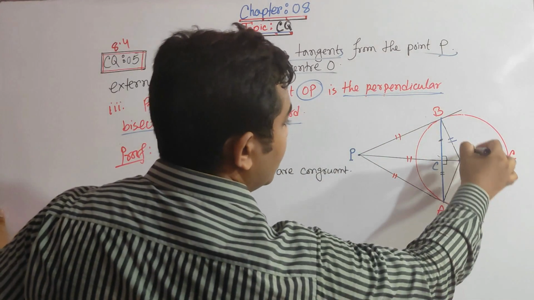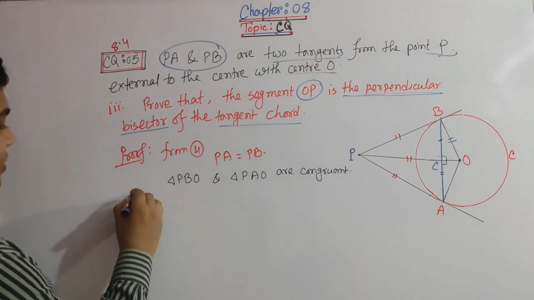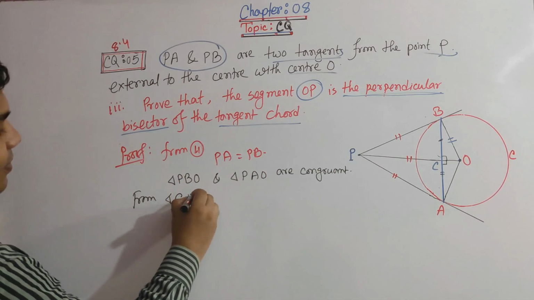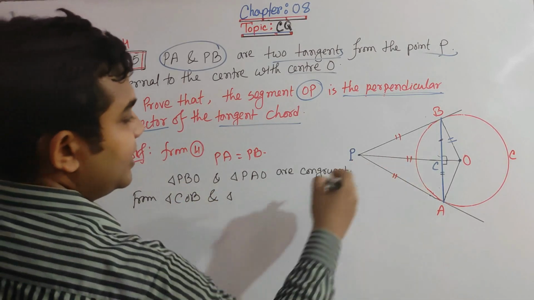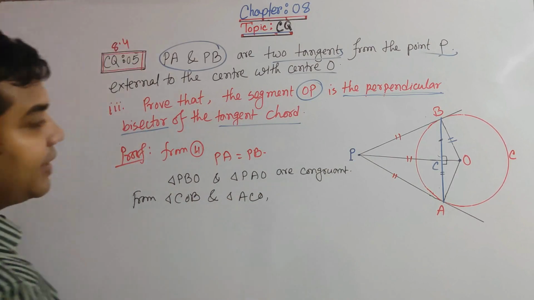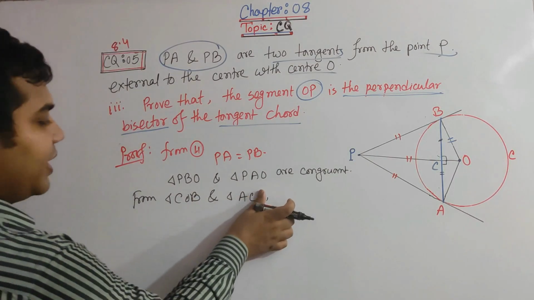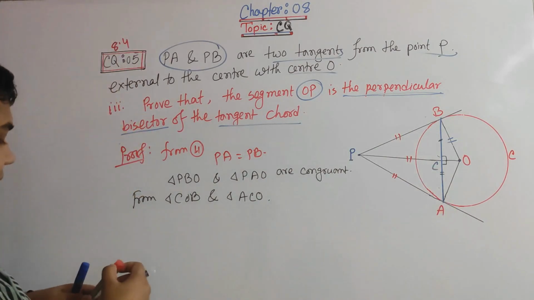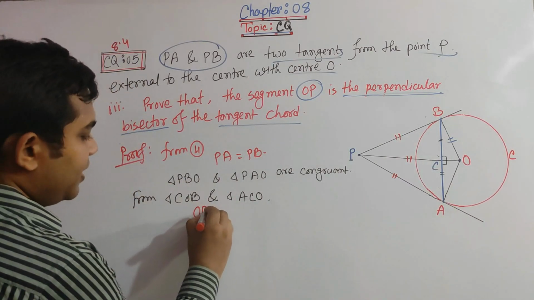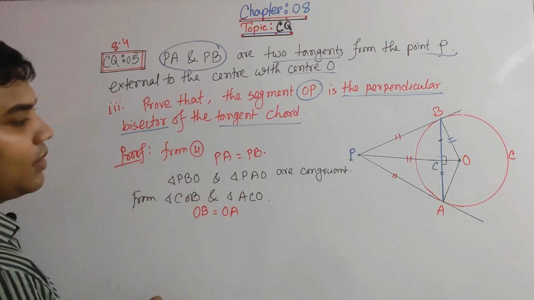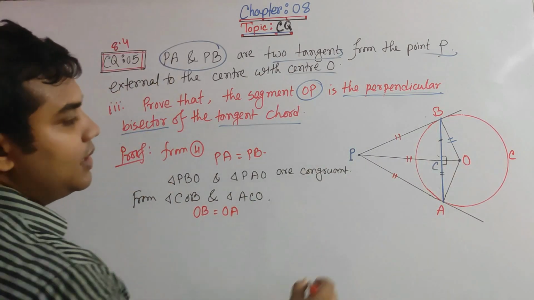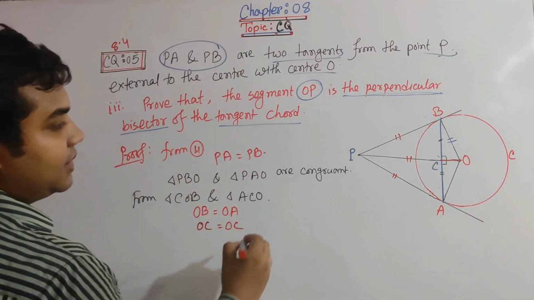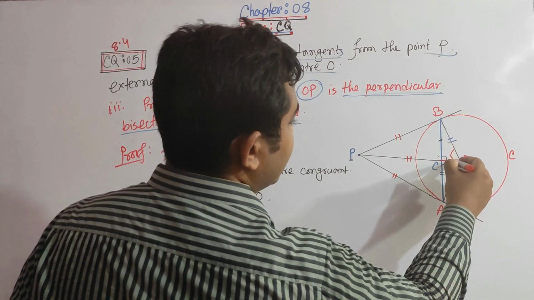Now we move on to this small triangle, that is, triangle COB and triangle ACO. What can we write from these two triangles? OB equals OA because they are radii, then OC equals OC because it is the same side, and also this angle is equal to this angle.